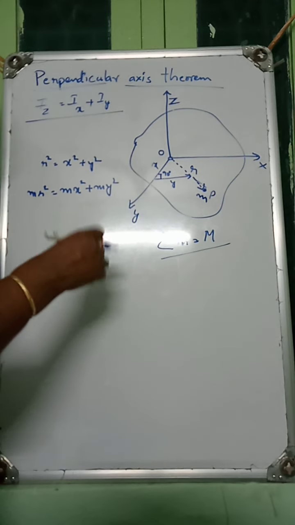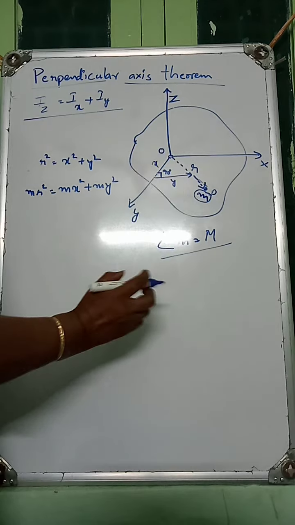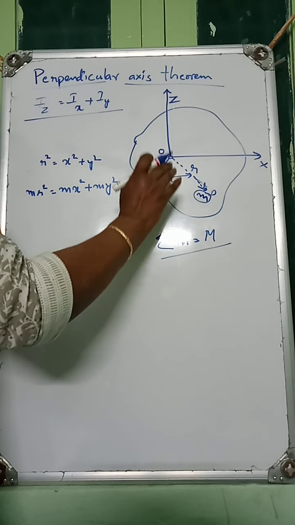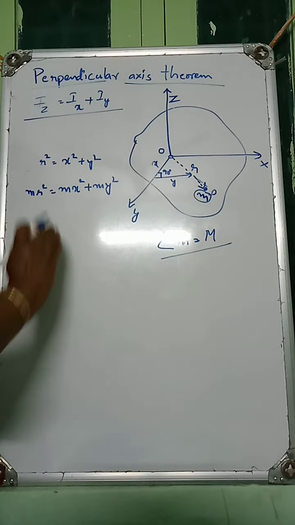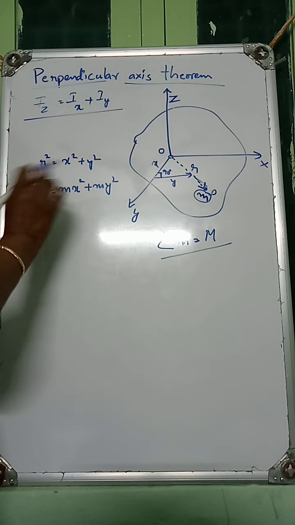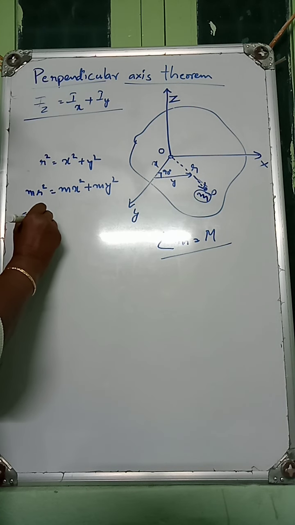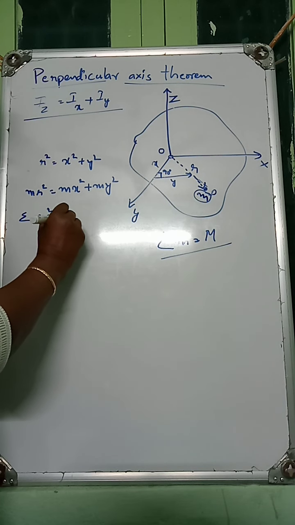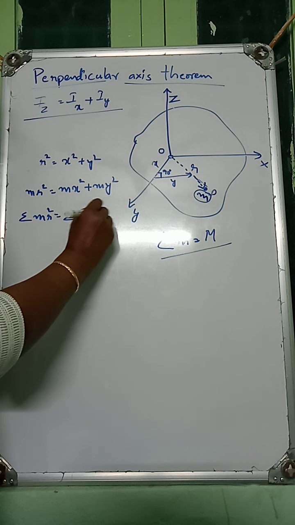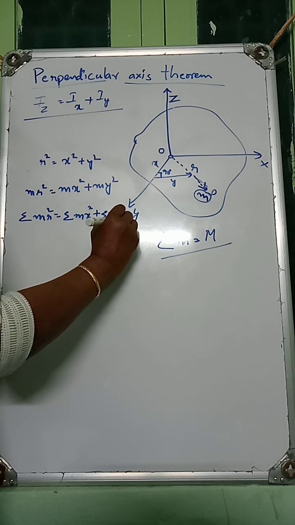For our convenience, we consider only a small particle of mass m to calculate the moment of inertia about z-axis. Now multiply both sides with sigma m. Sigma m r square is sigma m x square plus sigma m y square.